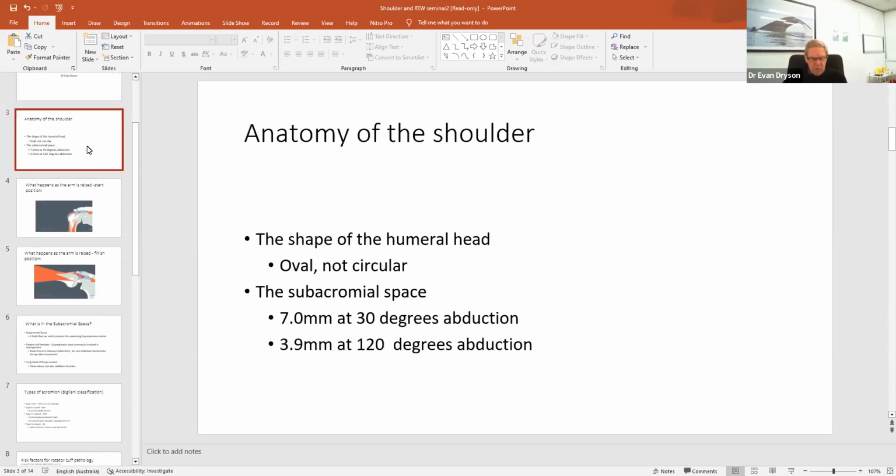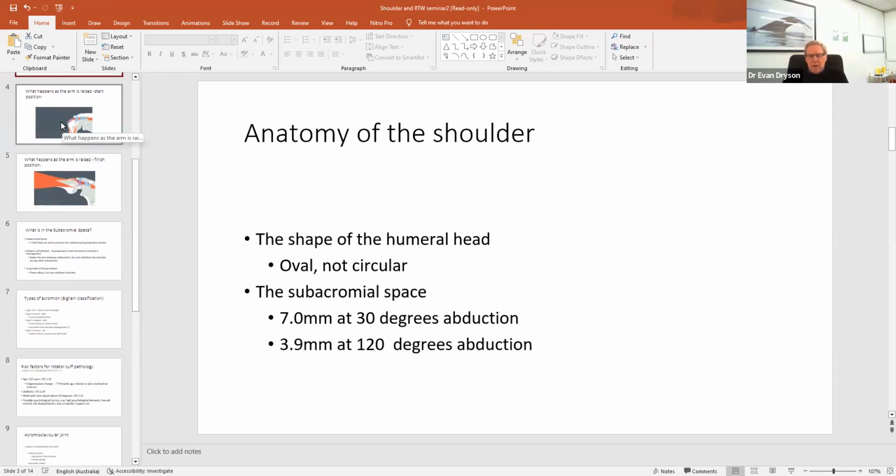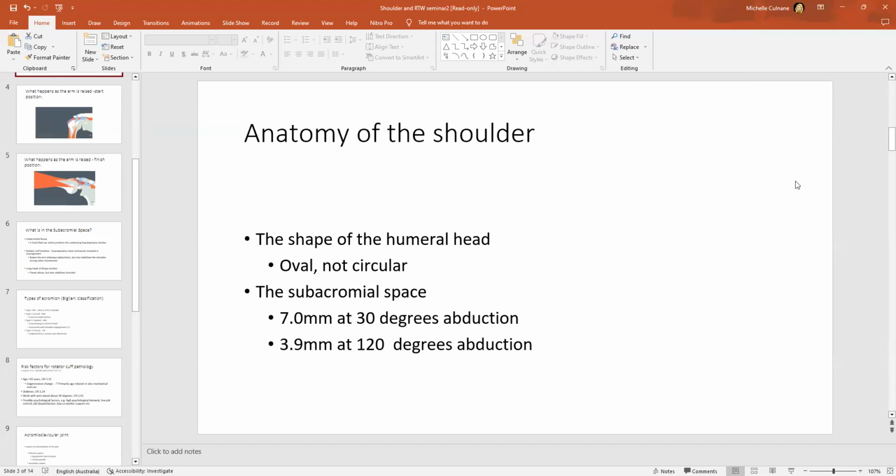So you'll all be aware that the shoulder joint is in fact a ball and socket joint, unlike say the knee, which is a hinge joint. So it's a very complicated joint in the shoulder. There is the ball on top of the humerus, the arm bone, and there is a socket on the scapula, which takes the ball.